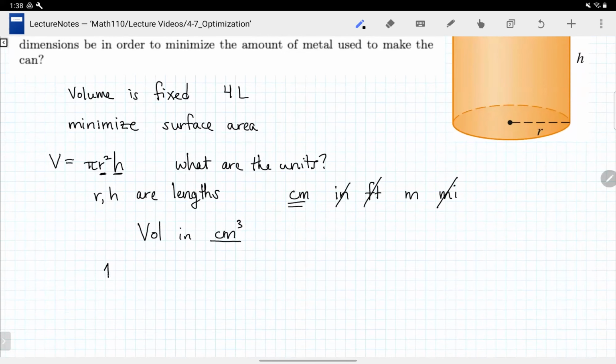So 1 liter is, do you know how many milliliters there are in 1 liter? The metric system says milli is 1/1000th. So 1 liter is 1,000 milliliters. And 1 milliliter, that's a small amount of liquid, is the same as 1 cubic centimeter.